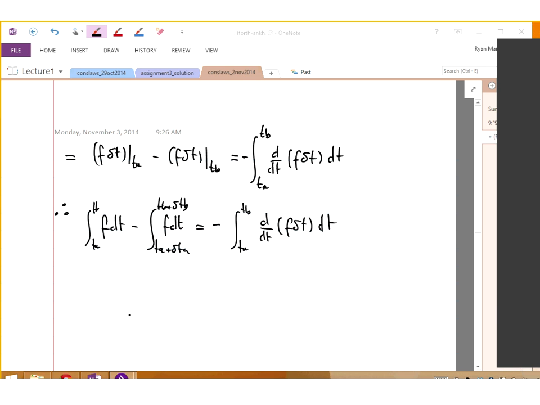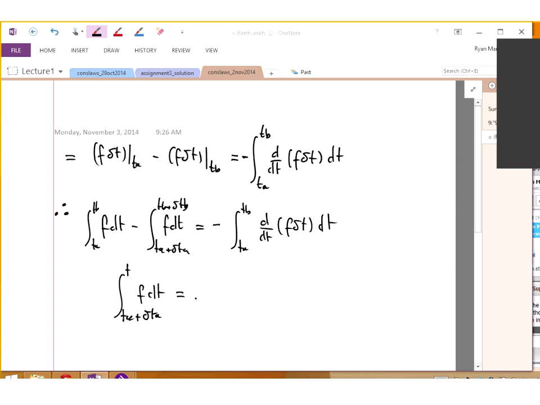The whole point was so that I could write out the integral from TA plus delta TA to TB plus delta TB of f dt.